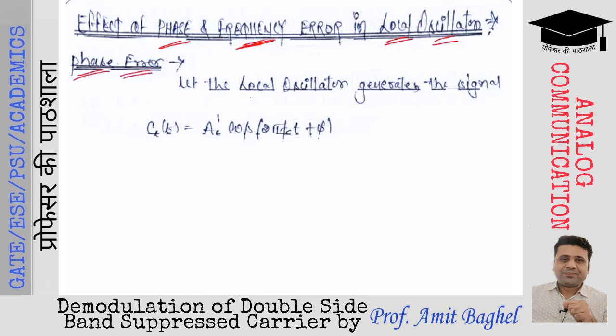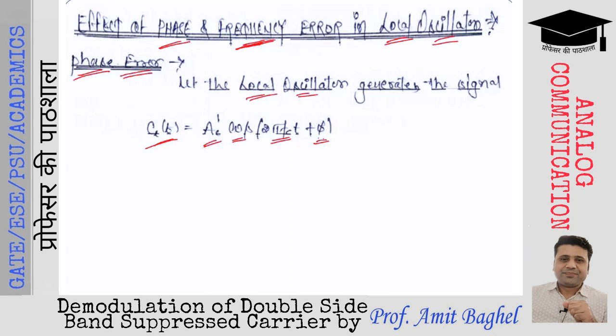So let the local oscillator generate the signal c of t, or c of lt, as Ac dash cos of 2 pi fct plus phi. Instead of generating Ac dash cos of 2 pi fct, it is generating Ac dash cos of 2 pi fct plus phi.